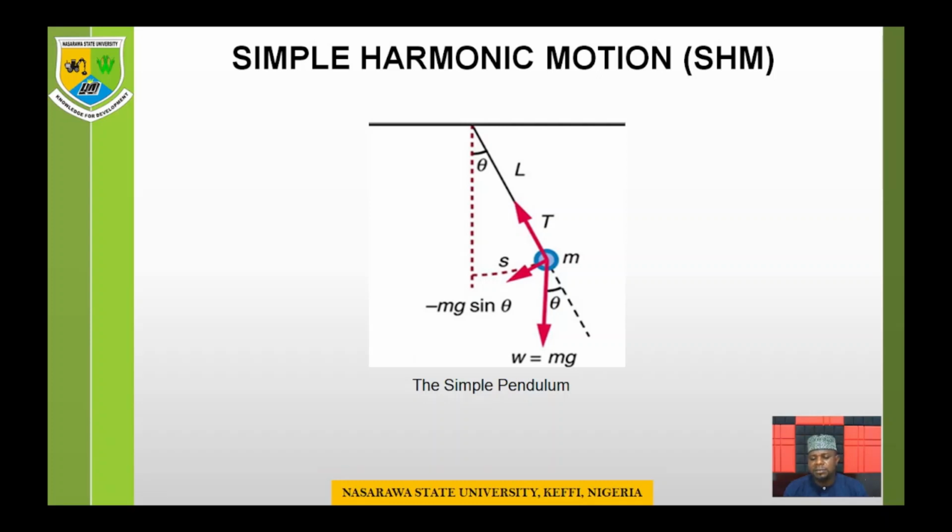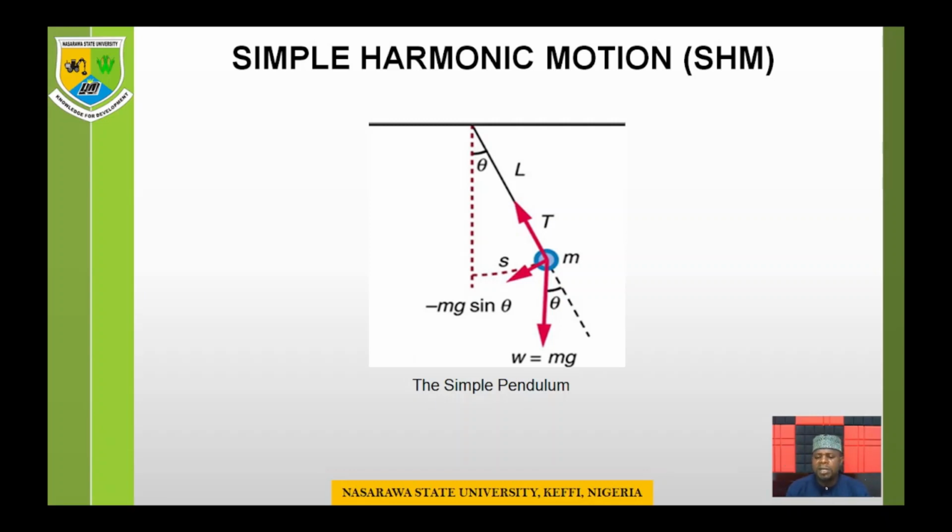At that point, if it is released, it will come back to this dotted line and extend the movement to the left-hand side to an equal angle as the theta on the right, and then at that point it stops, comes back again to the equilibrium and goes back to this position you are seeing at your right-hand side, goes back to the left, comes back to the right, and goes like that continuously.